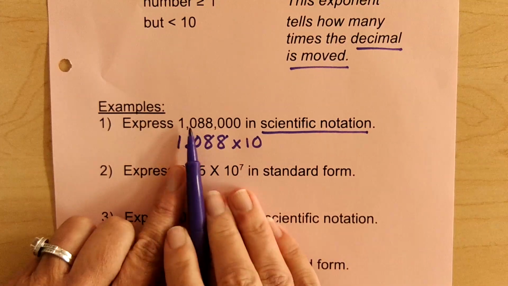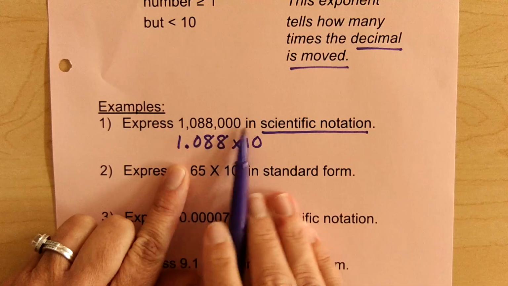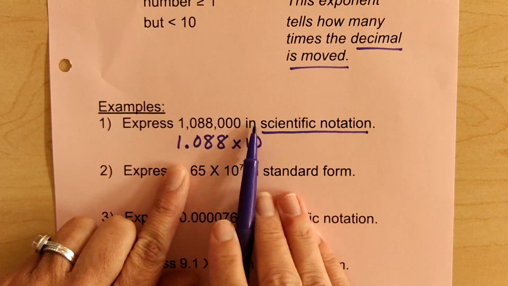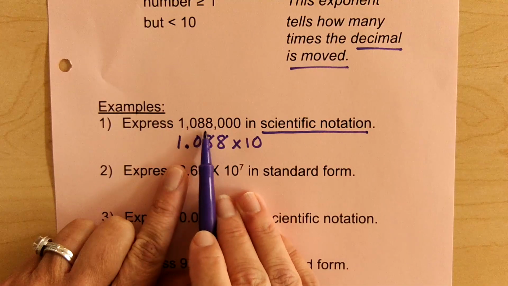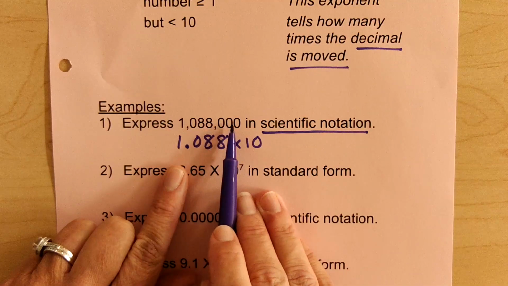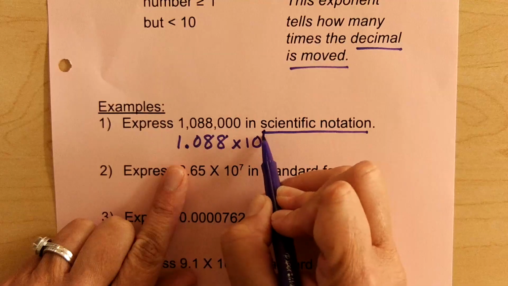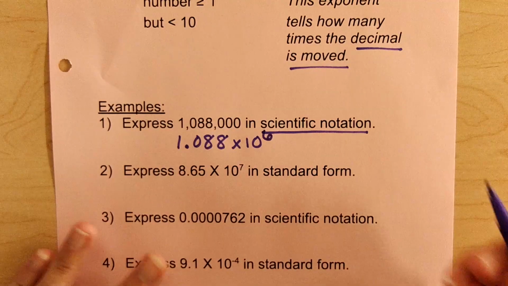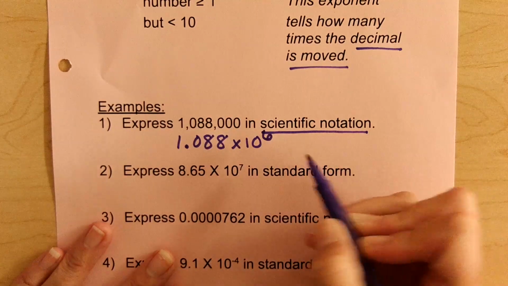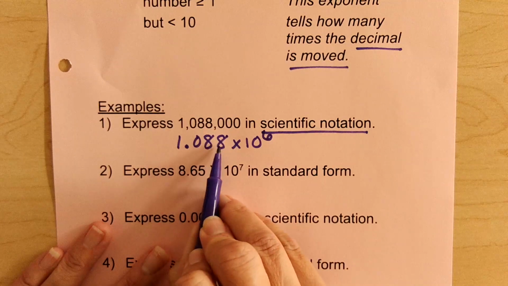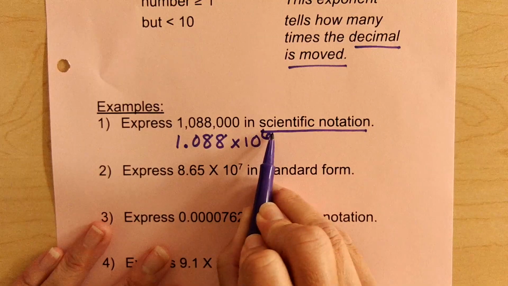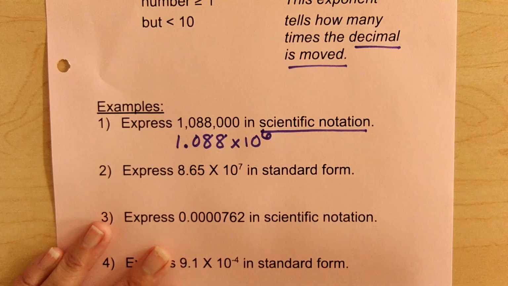So then I'm going to count how many places I'm moving over. So I have a really big number. I have a positive exponent. So I'm moving over 1, 2, 3, 4, 5, 6 places. So our exponent is 6. So 1.088 times 10 to the 6th power.